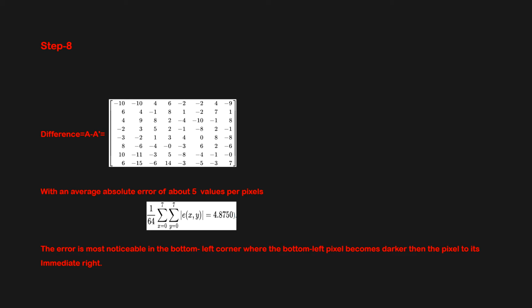How will you find the error? You subtract the matrix you found from the original matrix. After subtracting you will get this matrix, and from it, applying this formula, you will get, for each block, this much error.